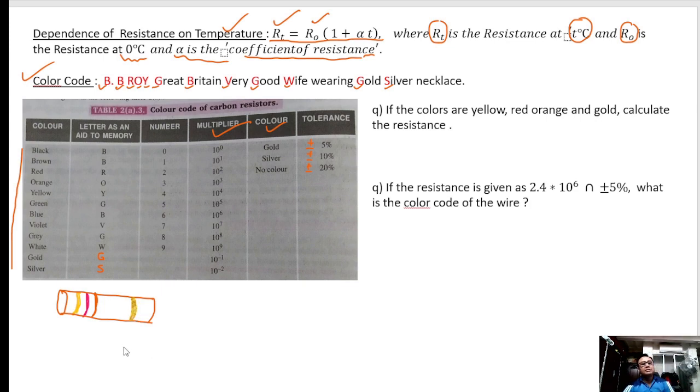So what will be the resistance of this? Please watch how I am doing this.